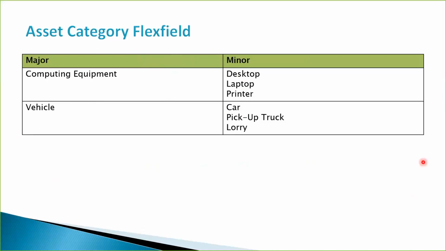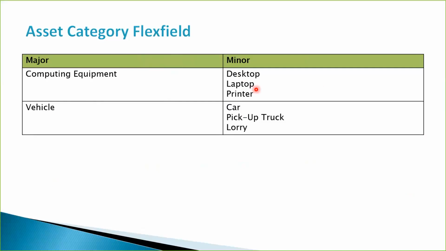As we're going to see, when you're creating this Flexfield structure, unlike for the accounting Flexfield, you don't create your own Flexfield structure. In accounting Flexfield, you go and create your own chart of accounts, right? Which will have as many segments as you want or as few segments as you want. Here you only have one structure that comes seeded.